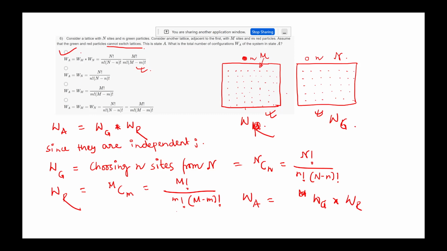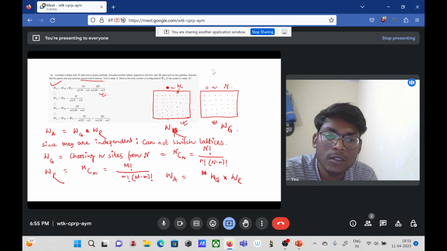Why? Because these are independent and cannot switch lattices. Okay, understood?